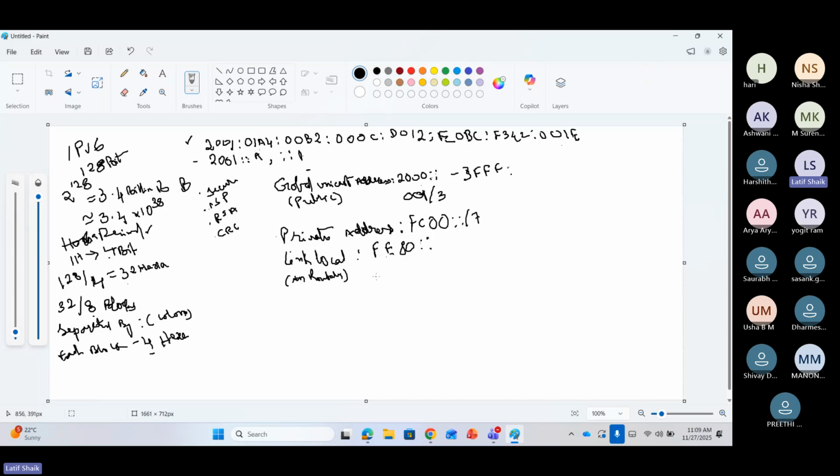Every system, if IPv6 is enabled in its adapter settings, automatically has an IP address assigned.